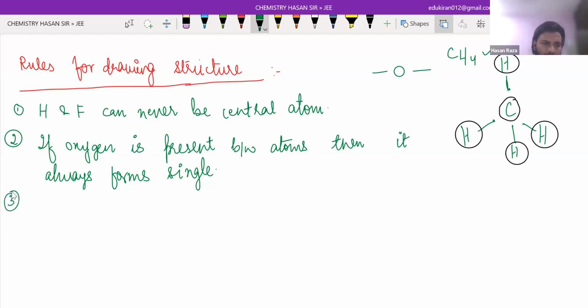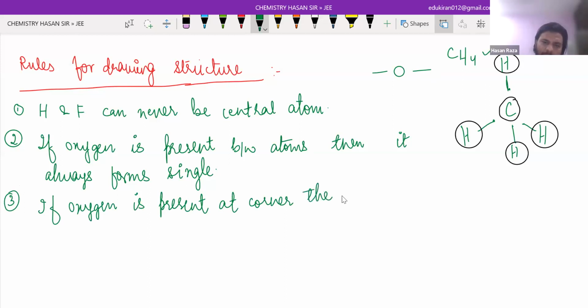The third rule is here. If oxygen is present at the corner, then it forms double bond.